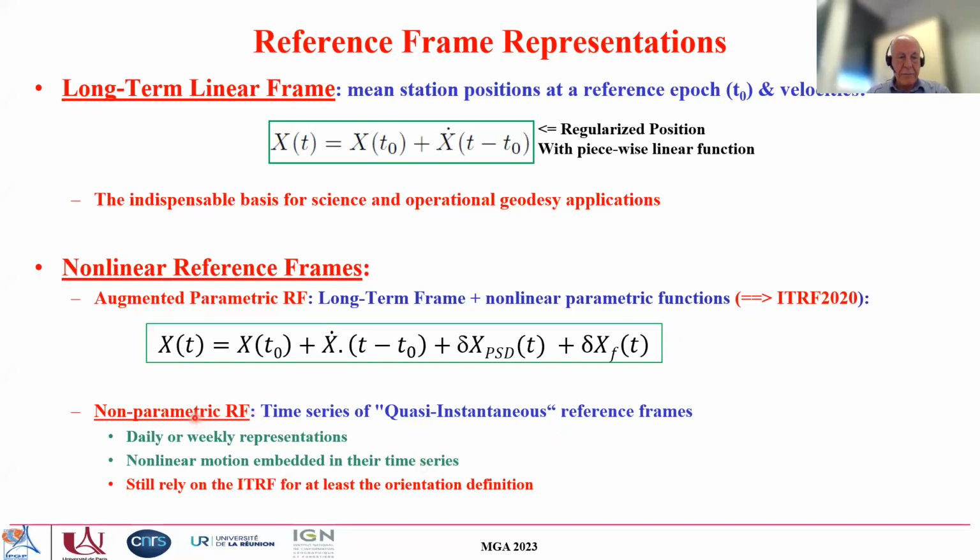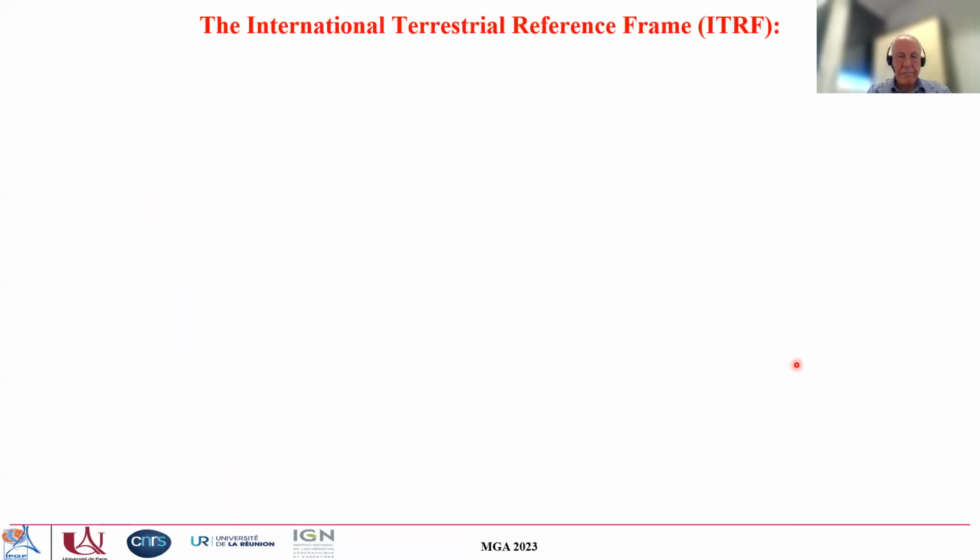The second subcategory is what we call non-parametric reference frame. It means time series of quasi-instantaneous reference frames. We have daily or weekly representations, and the non-linear motion of the stations will be embedded in the time series. But this type of representation still relies on the ITRF for at least the orientation definition.